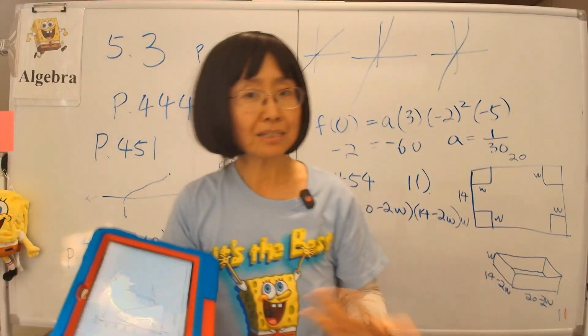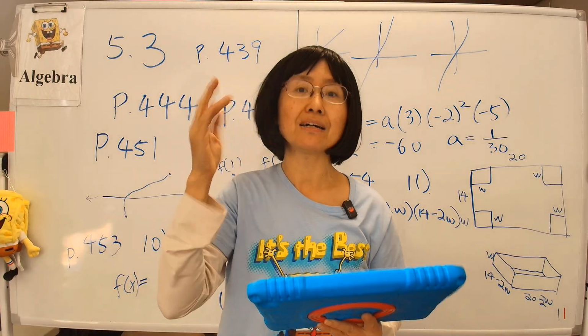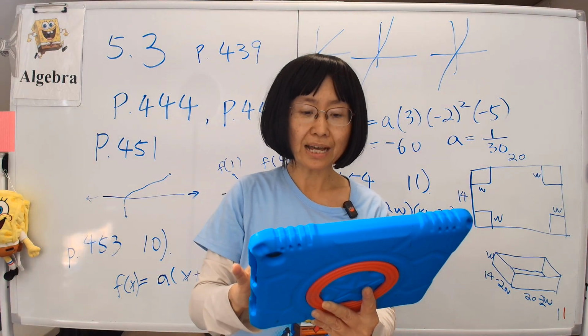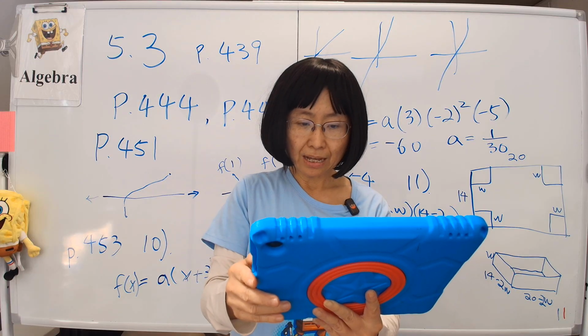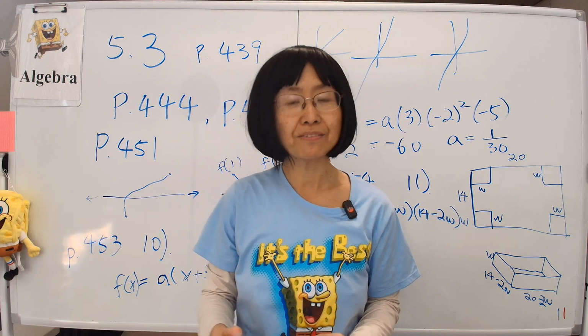But on the Desmos calculator, you can click on the top, and it will give you exactly what the coordinate is, the x value. In the book it says it's about 2.75.